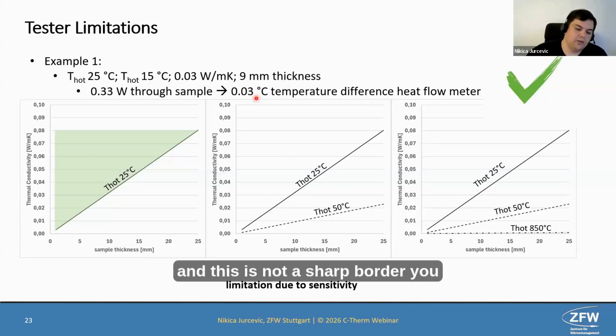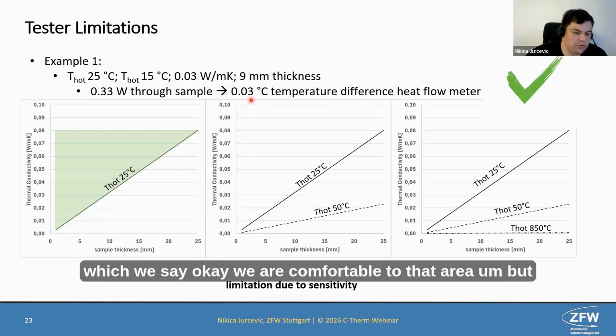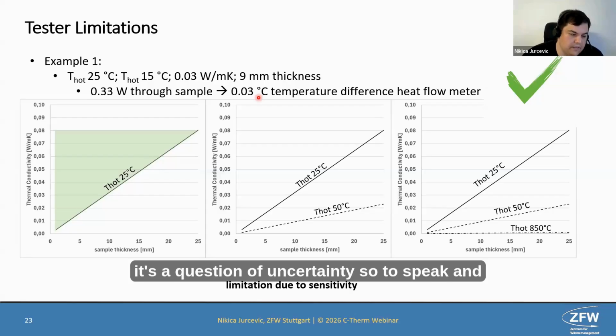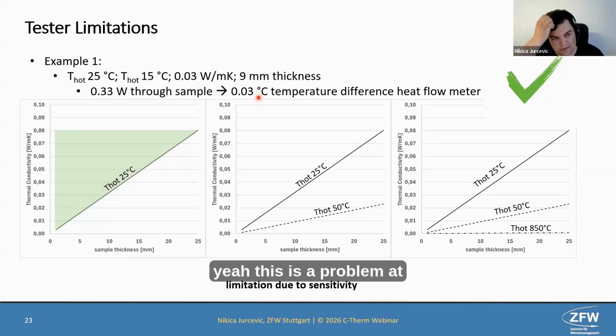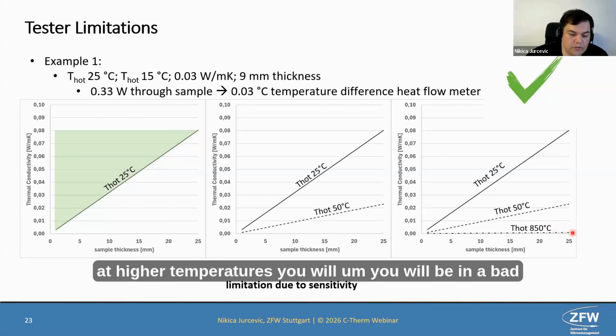And this is not a sharp border where you can either test it or not. This is basically a border where we say, okay, we're comfortable in that area, but it's a question of uncertainty, so to speak. This is a problem at very low temperatures, with low temperature gradients, and at higher temperatures you will be in a better area.